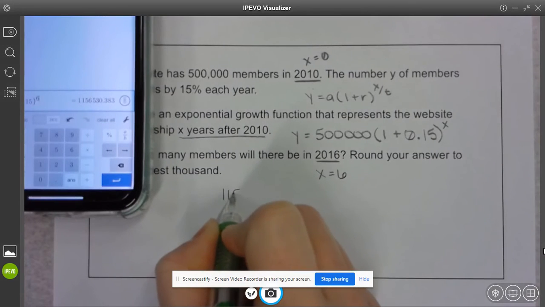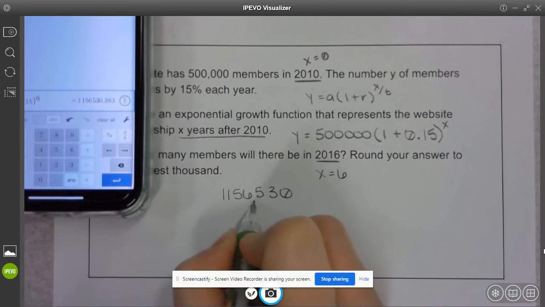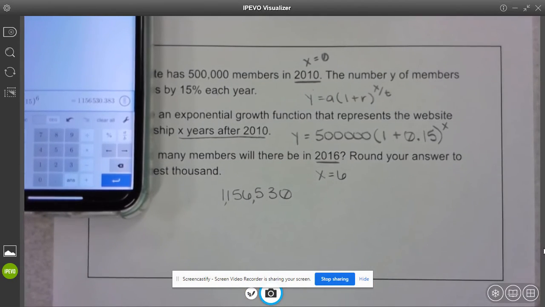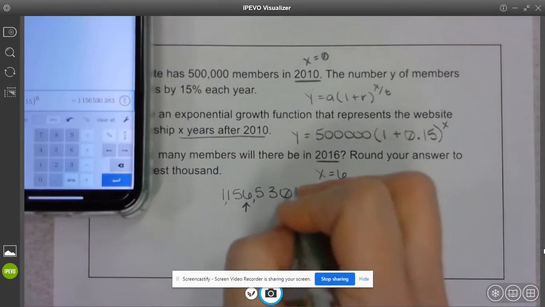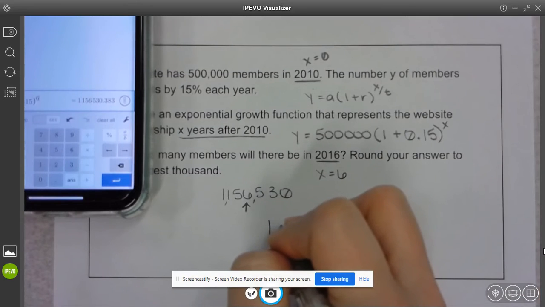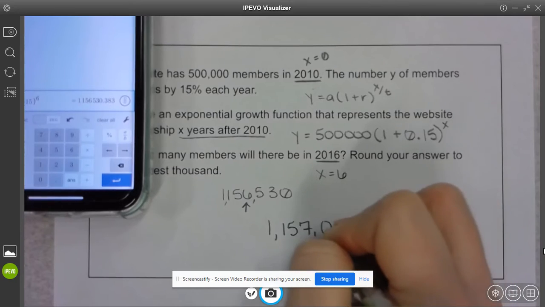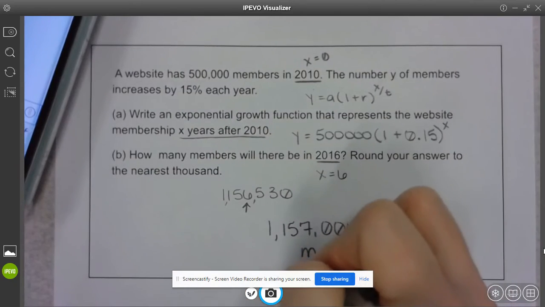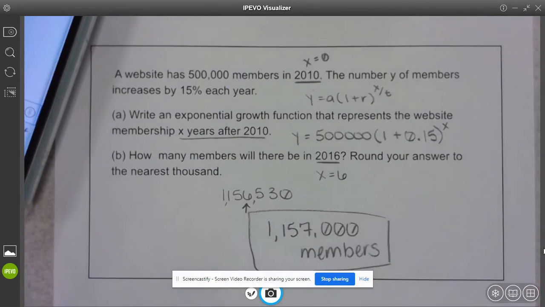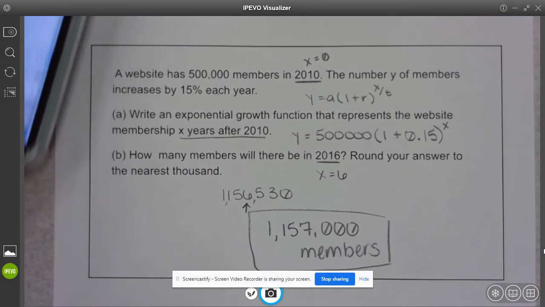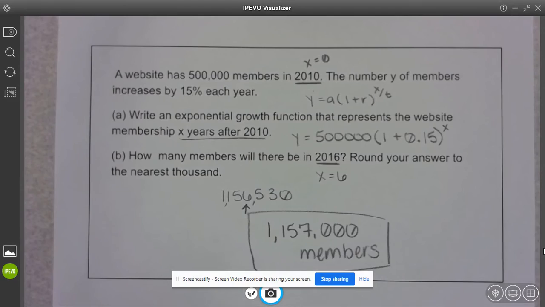So originally I have 1,156,530. Here's the 1,000, so that's actually going to round up. So it would be 1,157,000 members if we're rounding to the nearest 1,000.